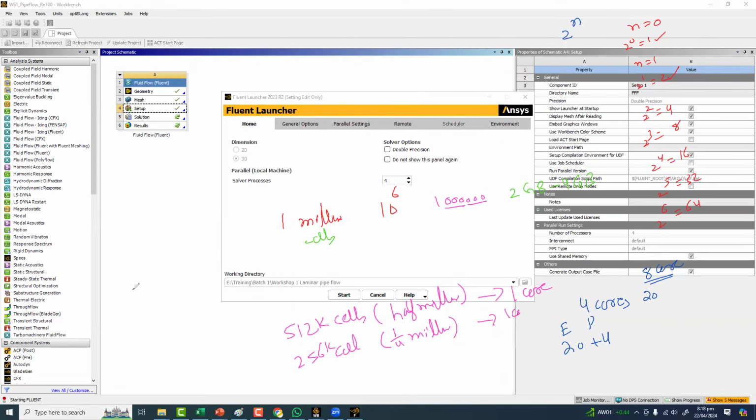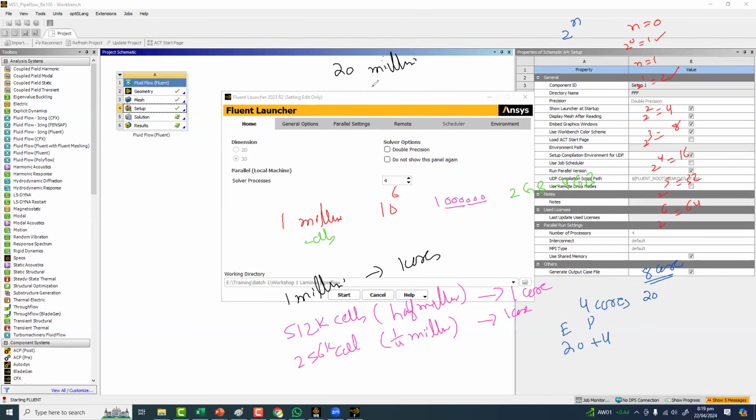So you can have 1 core, but at maximum, I would not suggest more than that; for 1 million cells there should be at least 1 core. Okay. Now let's say in some problem, maybe you may not be having that problem, let's say our mesh size is 20 million.